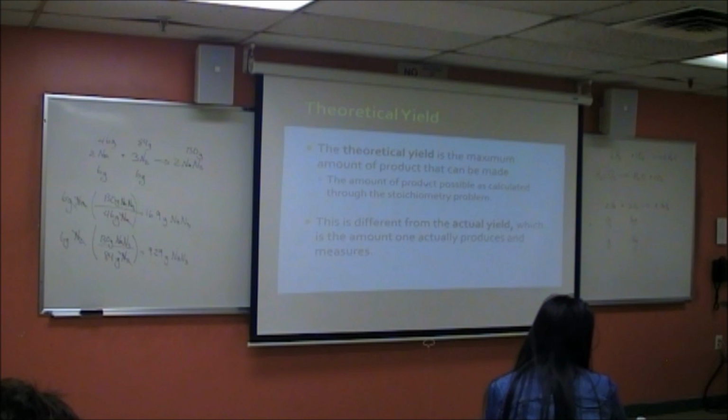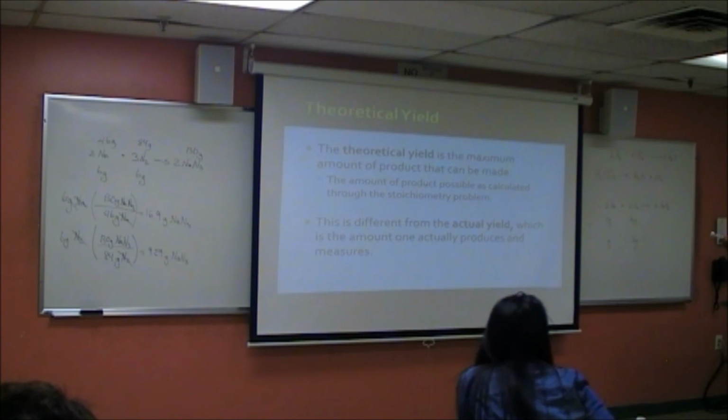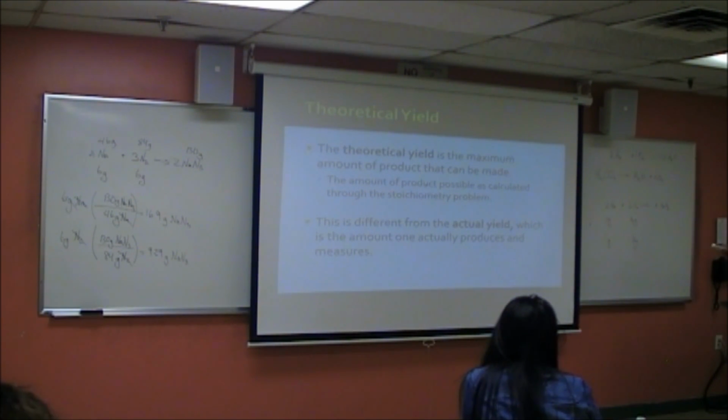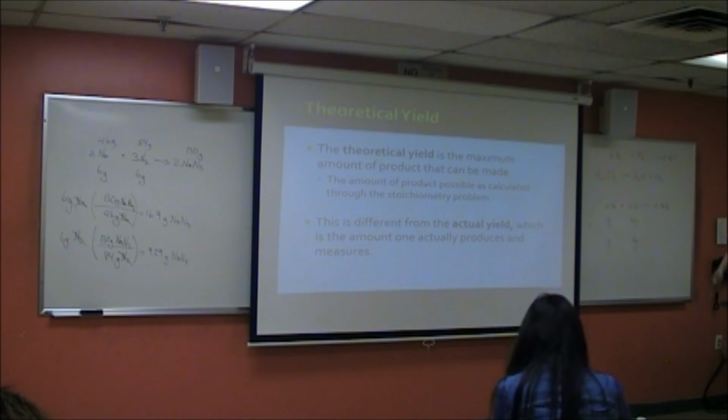So we had the carbon dioxide and water. But your actual yield, this is what you actually collect once you do the experiment in the lab. All right? And that will be given to you.